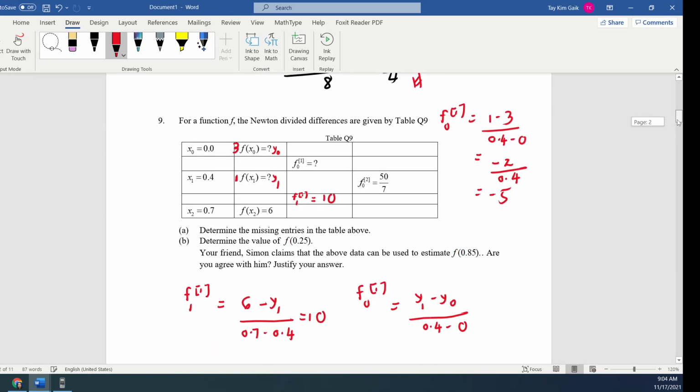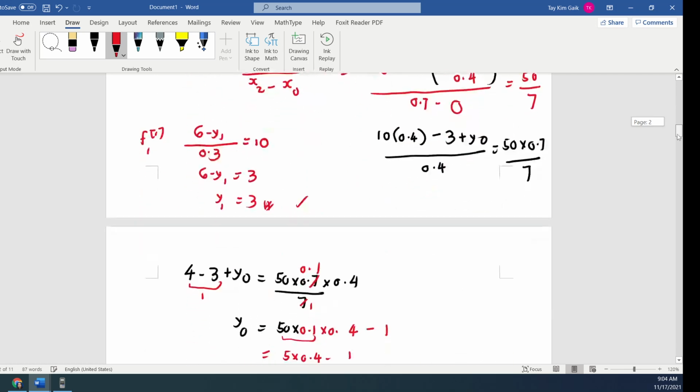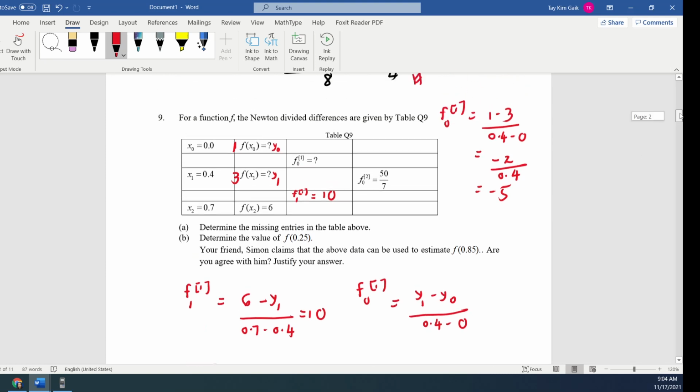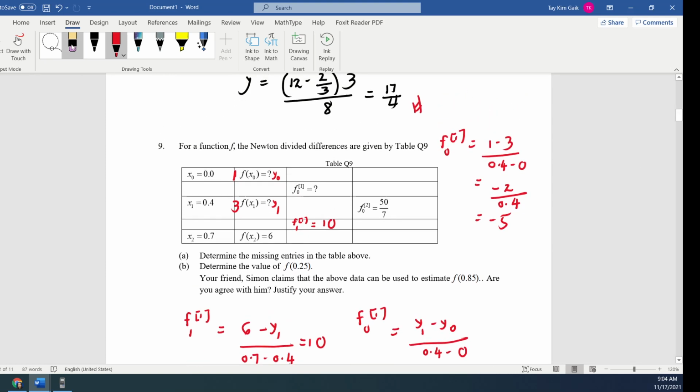Y1 is 3, y naught is 1. Oh, reverse. No wonder. Okay, thank you. These two values are reversed. So it's 3 minus 1, so positive 2, so positive 5. So the answer is correct.